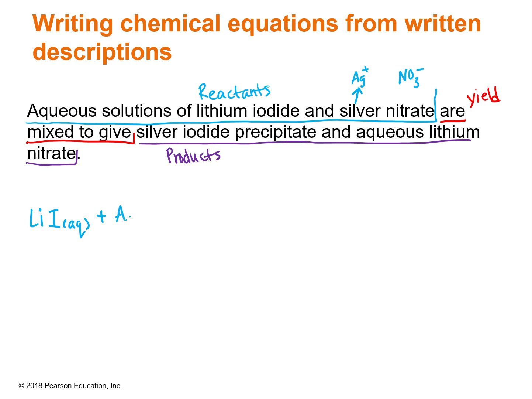So we can go ahead and write that too. Then we've got our yield sign, and we don't have anything special going on. They're just mixed together. So there's no triangle, there's no catalyst.